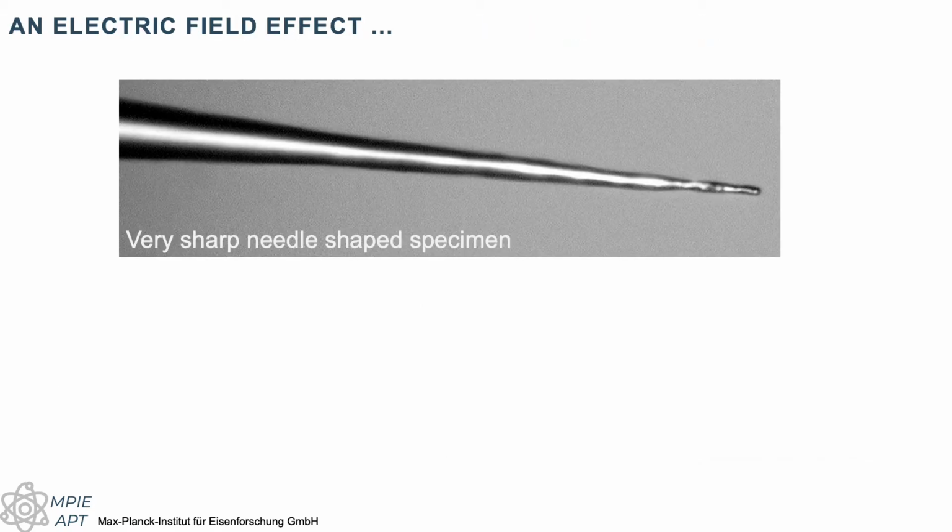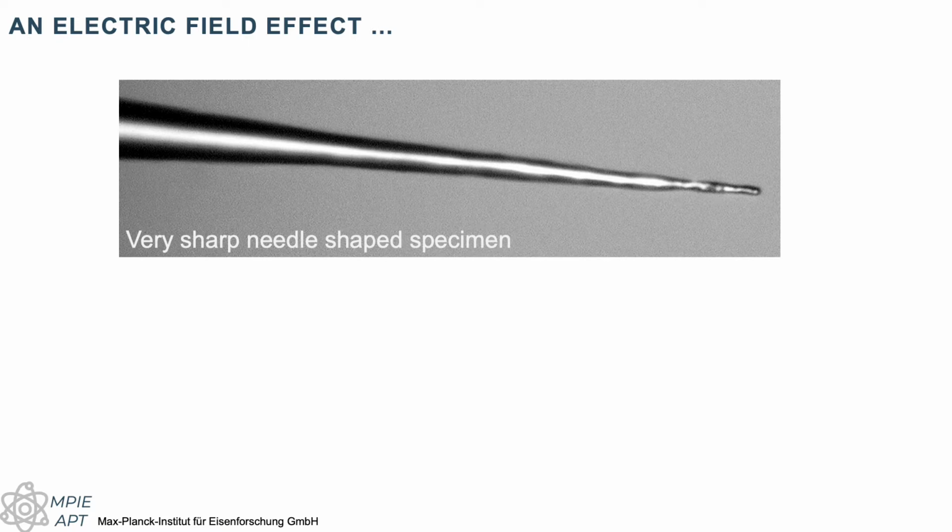Why is the specimen geometry so important? Basically, if you want to create a high field, a simple way to do this is to take a curved surface. If you take a sphere, put it in vacuum, and apply a voltage V, the field at the surface of the sphere is V divided by the radius.